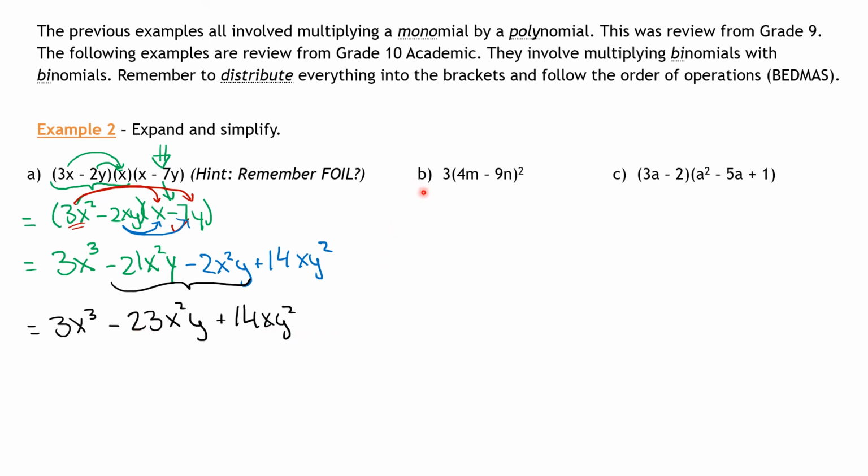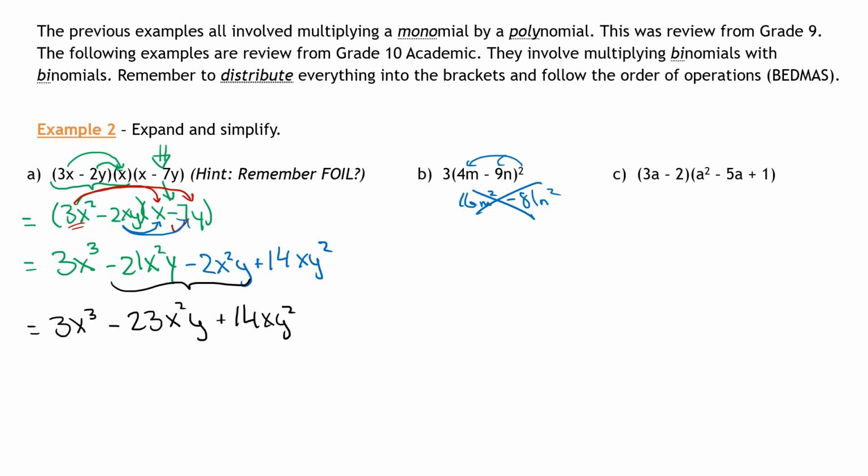Now up to B. The most common mistake students make, even into grade 12, is they think that that exponent 2 means they can just distribute an exponent backwards like this and write it as 16m squared minus 81n squared. Totally wrong, and you should know that even from elementary school that that's not what exponents do.